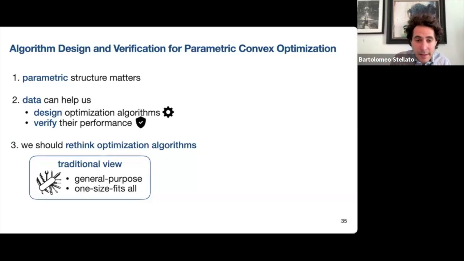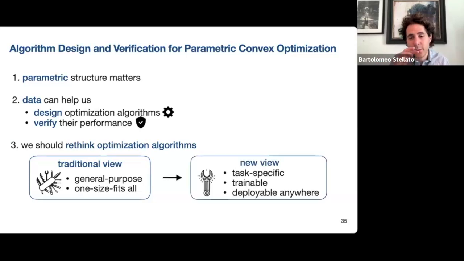But maybe instead we should look at a more task-specific view where, instead of any quadratic program or any linear program, you may be interested in just the ones that are specific to the application at hand. So then you don't care about any problem, you care about the distribution of instances that are relevant for your application. And then you can develop tighter convergence analysis and also train optimizers that do very well for that set of problems, and also be able to deploy them anywhere.